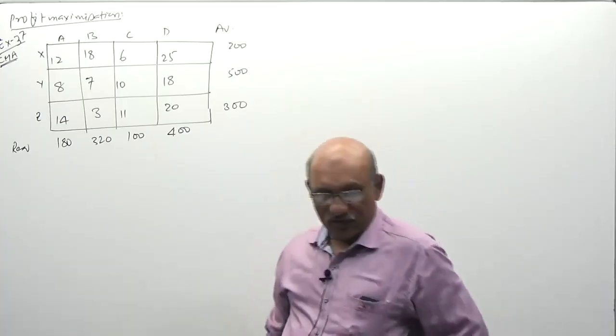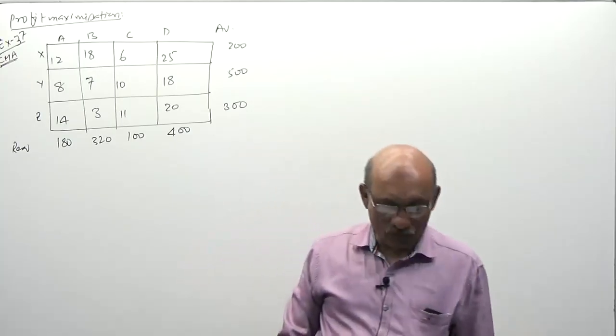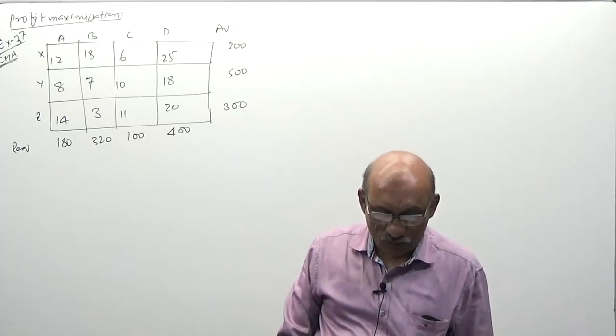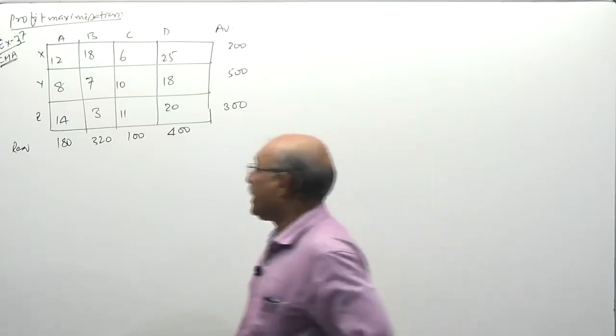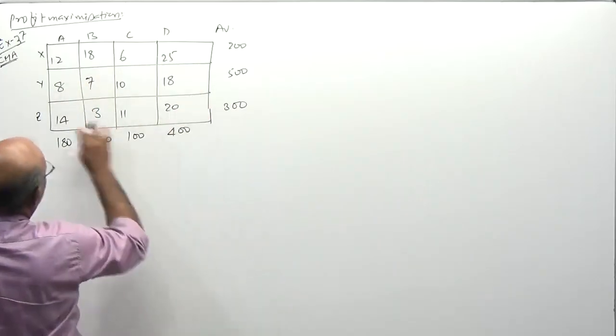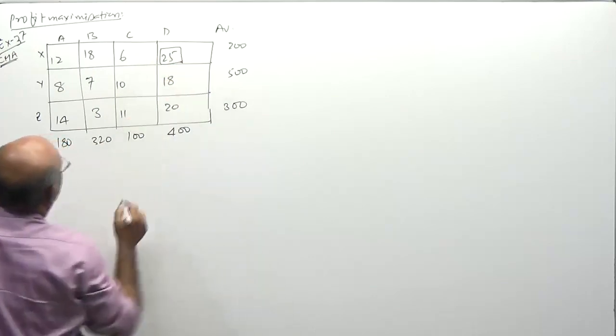So what I am doing here, sir? I am converting the profit matrix into an opportunity loss matrix. How can I get this? Identify the maximum profit in the given table. 25 rupees is the maximum profit.